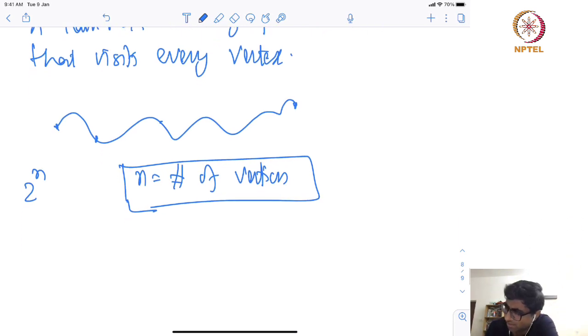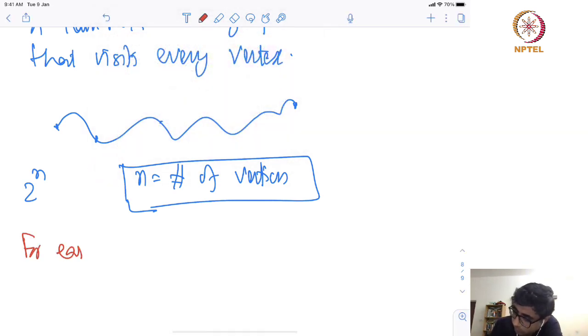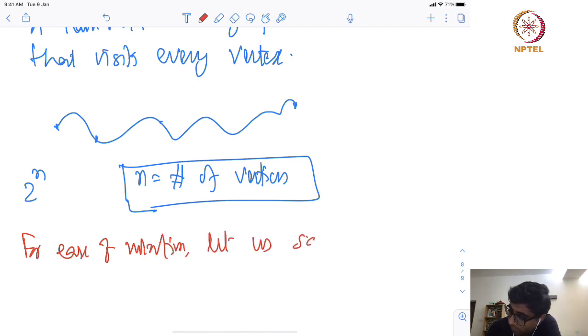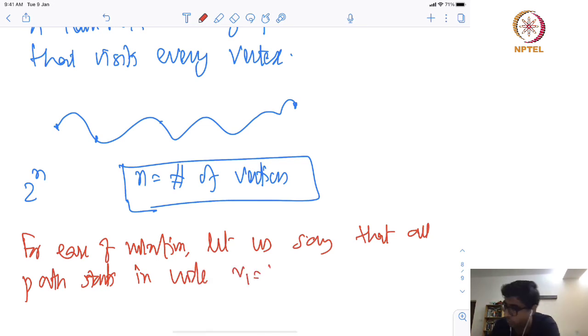Let us say, for ease of notation, that all paths start in node, say, V1 equal to 1.